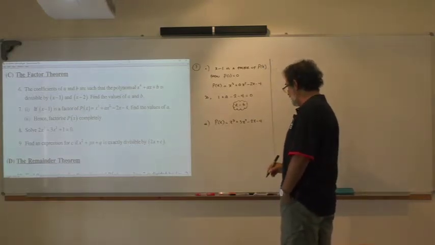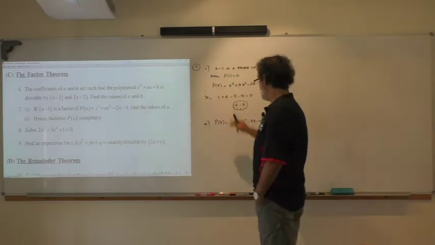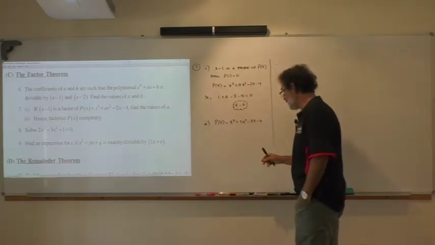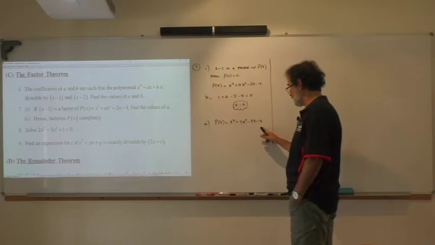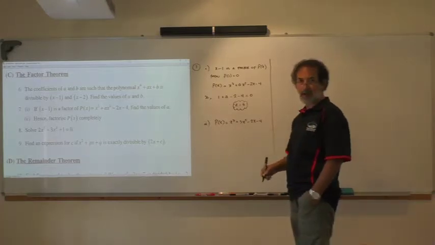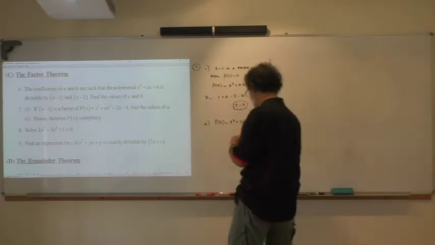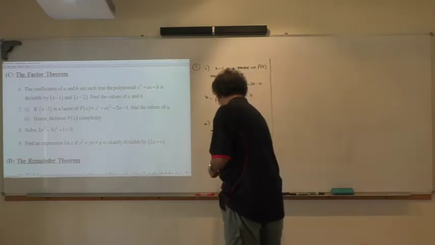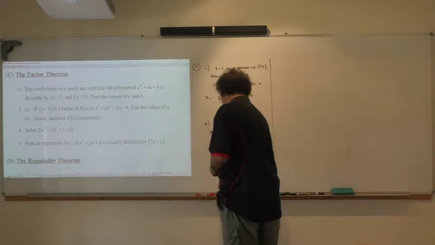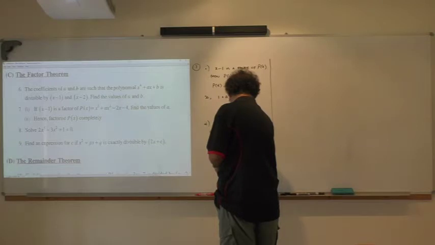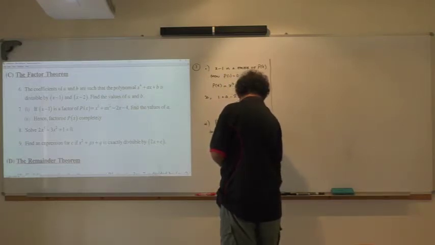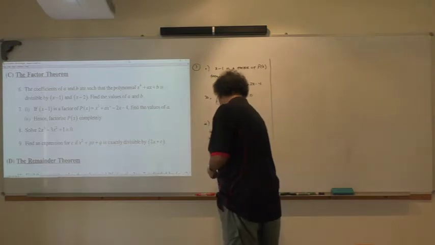Because x minus 1 is a factor, I'm going to divide this polynomial by x minus 1 to find the other factors. To find the other factors we do long division.